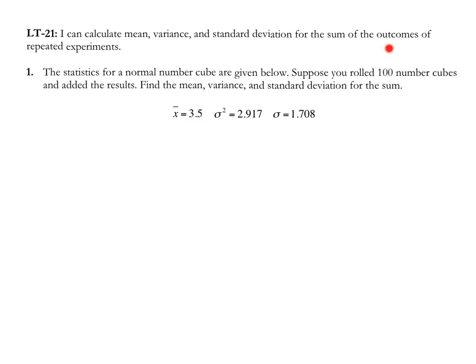Let's imagine instead of rolling 100 number cubes, we just roll 2. And then imagine that you added up the results from those two number cubes. So the new mean for the sum would be the mean for your first number cube plus the mean for your second number cube.